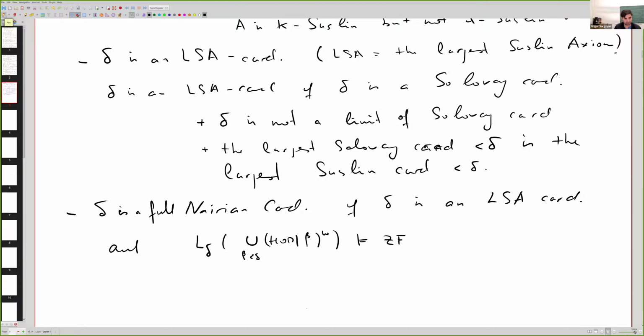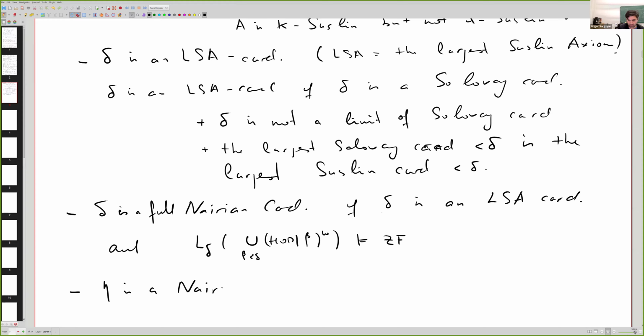Yes, this concept also shows up in Woodin's book. At some point in the book, he says, I have these three axioms, AD_R plus theta regular, the LSA, and this one. He doesn't call it Nairian cardinal in the book, and says, I don't know if they are consistent. I think we still don't really know if the full Nairian cardinal is consistent, but you can define Nairian cardinals in general. Delta is a Nairian cardinal, not necessarily full.